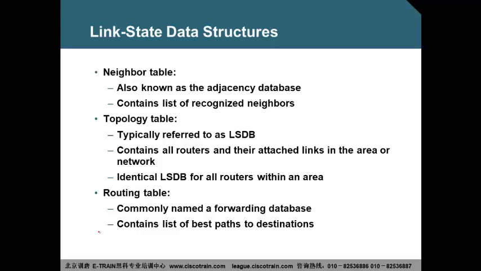It has all possible paths along with the cost to reach every destination. Now, within an area, this topology table will be identical. The routing table, as usual, will have only the best routes for every destination. And the routing table is also called a forwarding database because based on this, the packets are going to get forwarded.